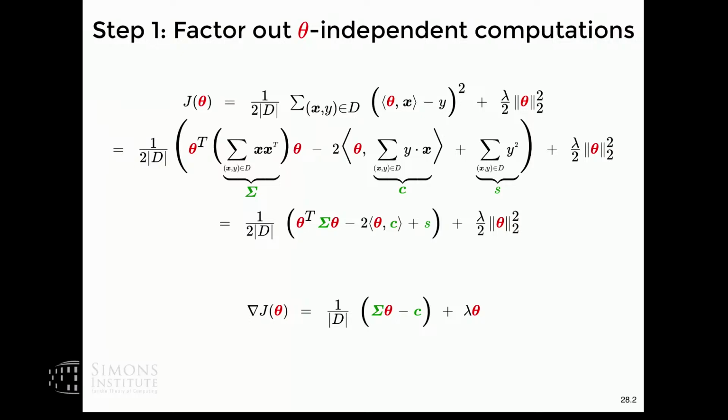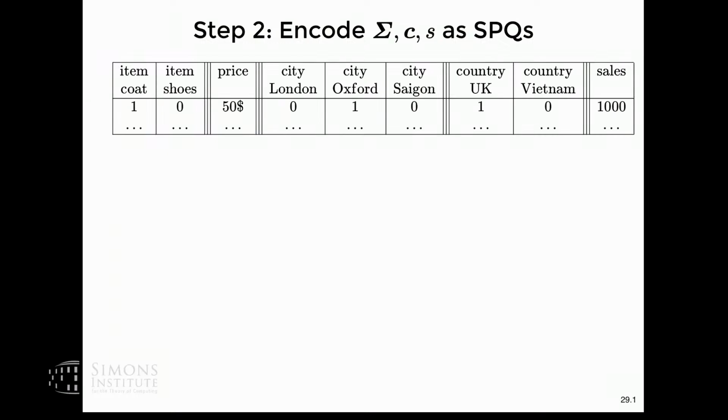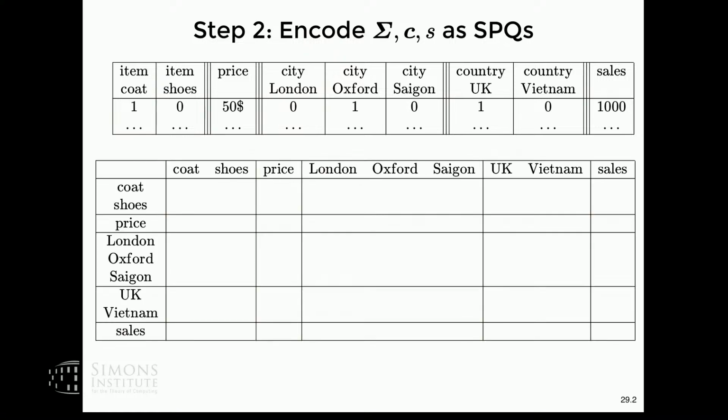And then let's just focus on sigma. Recall that this is what our training data looks like. So these columns without cells, these are x, our input feature, the vector x in the previous slide. And this is y, our target. Now imagine a square matrix which has the same number of rows and columns, where we go through every row in this matrix and take its outer product with itself.